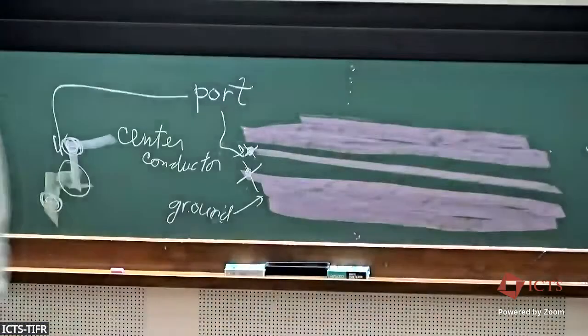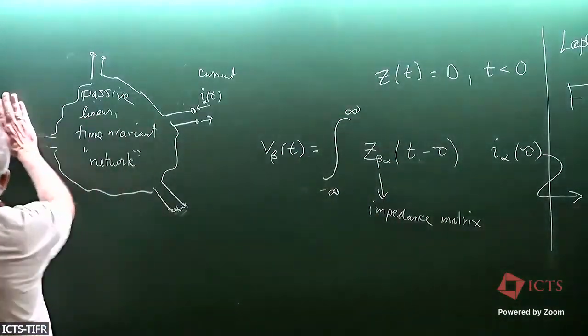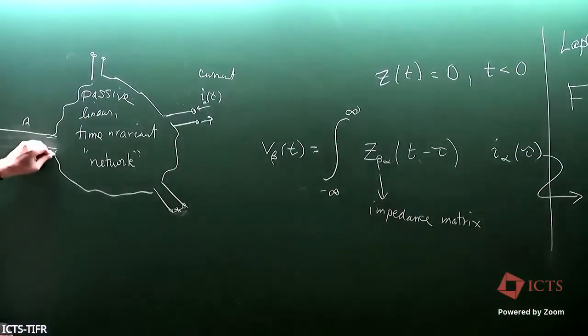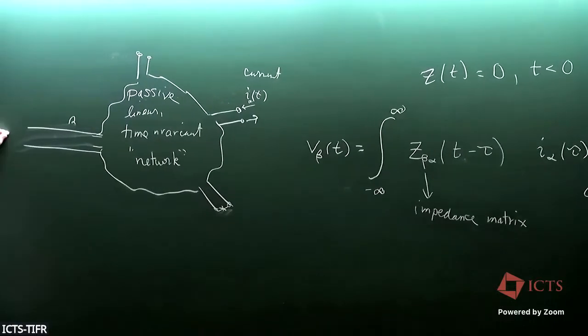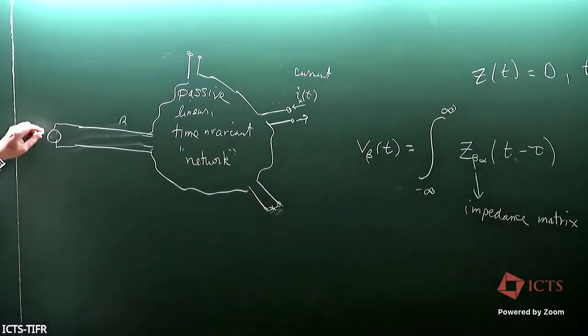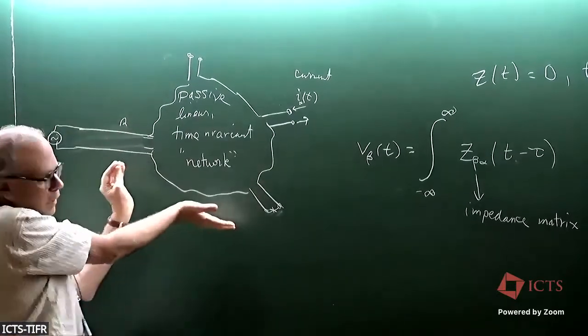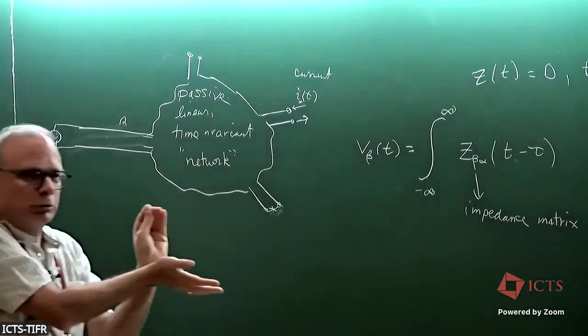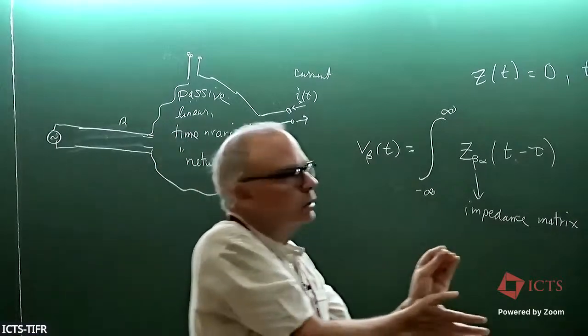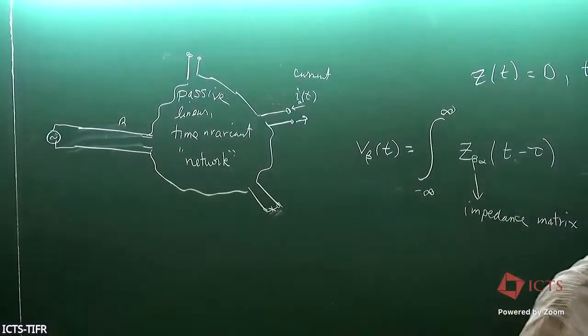And they will appear here because when I complete my description, I'll do things like put a signal, I'm trying to draw the symbol for an AC signal generator here. So this black box by itself is not yet the full description, but it will contain everything I need to know about the linear parts of this structure.